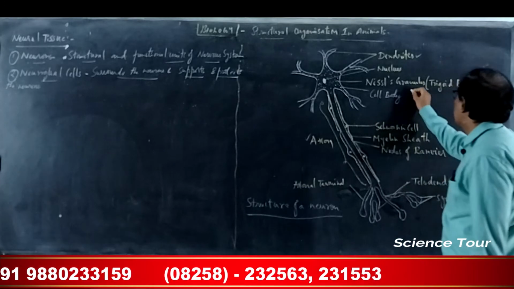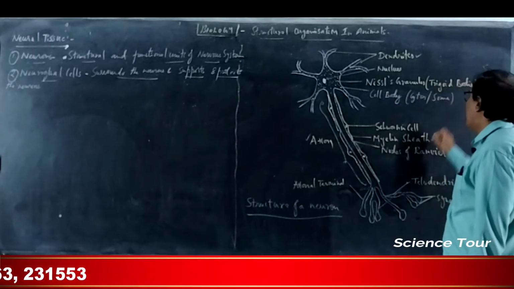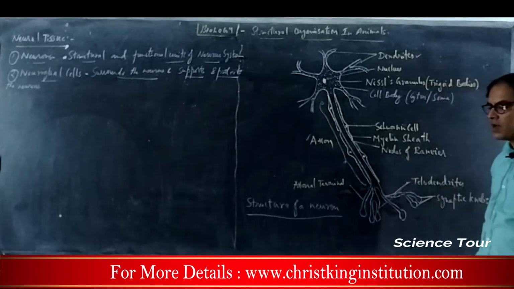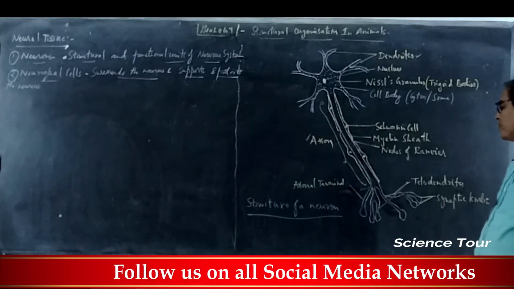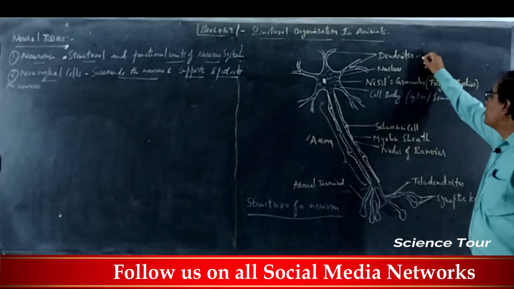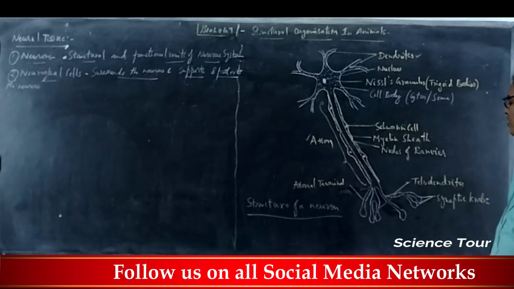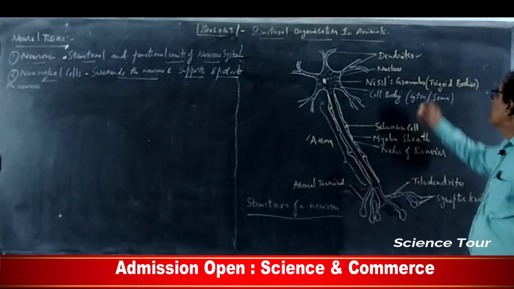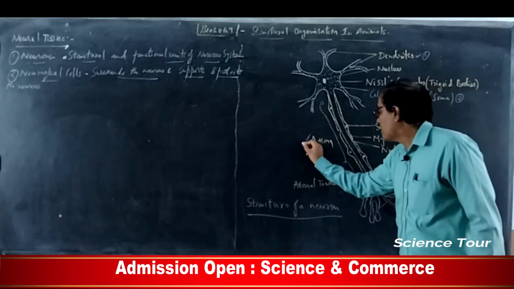Cell body is also called cyton or soma. So what are the three parts of a typical neuron? Dendrites, cell body, also called cyton or soma, and the third one is the axon. Number 1, number 2, number 3.